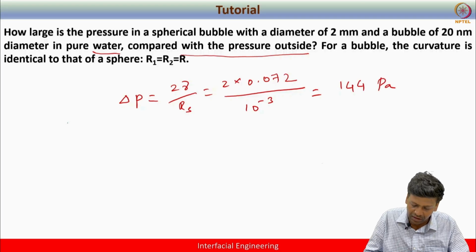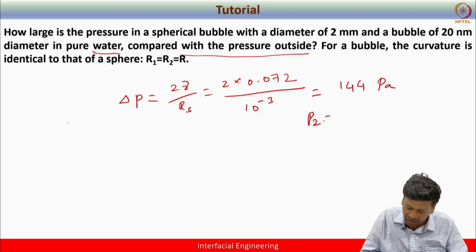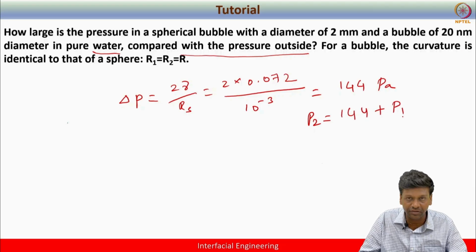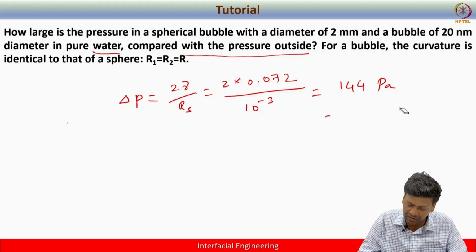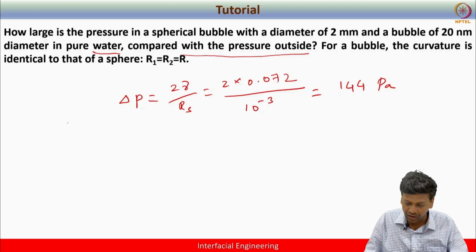You can say that the pressure inside will be 144 plus the pressure outside, or you can keep it simply as delta P of 144 Pascal. What about the other case, the nano bubble, the bubble which is 20 nanometer in diameter?